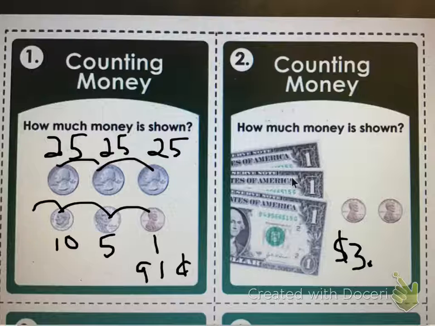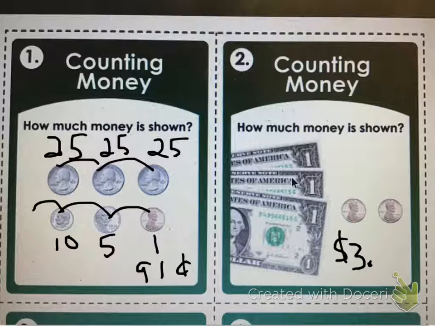And the decimal point separates our dollars from our change, from our cents. So that decimal point needs to go in there when you are counting examples of coins or bills, or examples that have bills as well. So $3, and that decimal point really means and. I'm going to say and. So $3 and 2 cents.